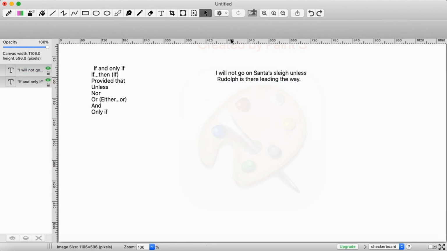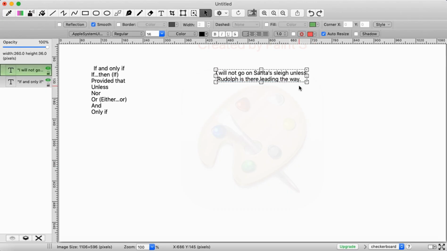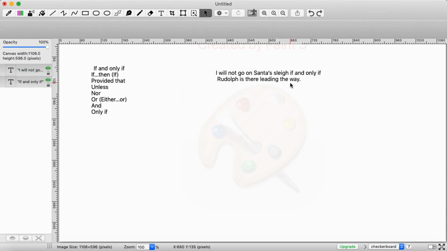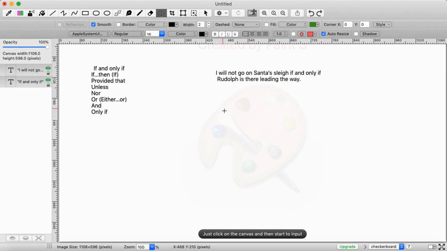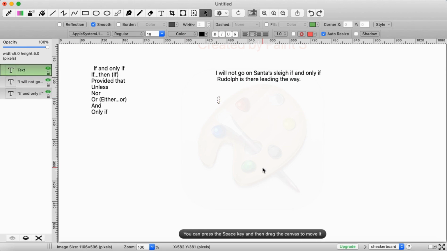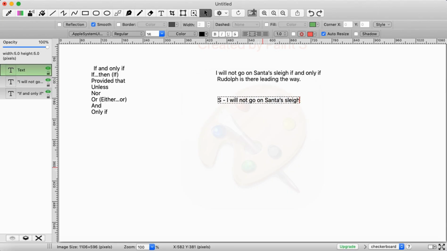So this is the key word I'm going to change. Let's do the first one: if and only if. What does that mean? When you have if and only if, let's make the independent statements. So S stands for I will not go on Santa's sleigh.